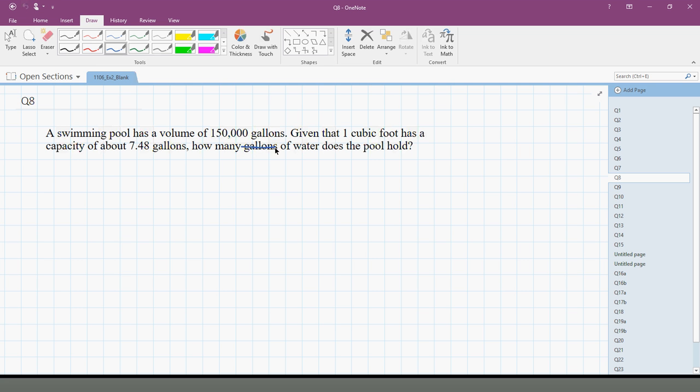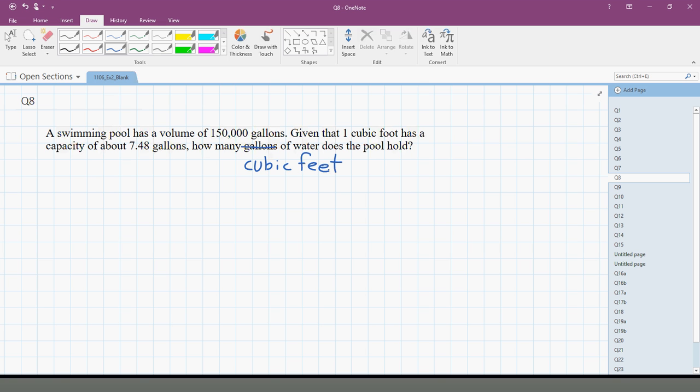Let's cross out the word gallons and let's ask how many cubic feet it holds. Oh, I wrote foot, should be feet. Because technically we're done with this question if I asked about gallons. We already know that. My bad.